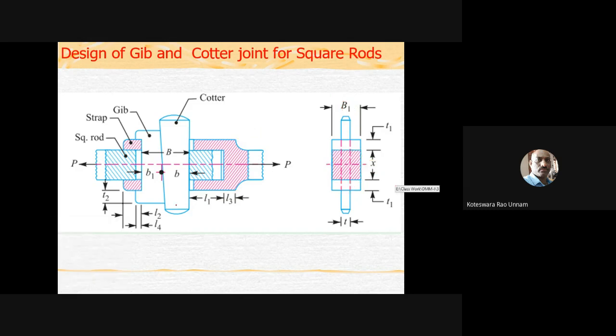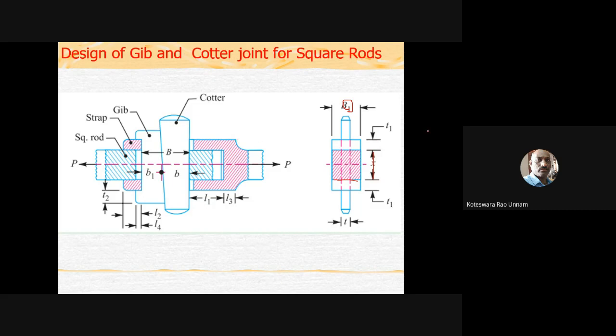We will see what the various dimensions are that you need to calculate. For the rod you have to calculate x, and once you have x, this is also x, so you know those two dimensions. Then for the strap you have to calculate b1, and also these two dimensions.